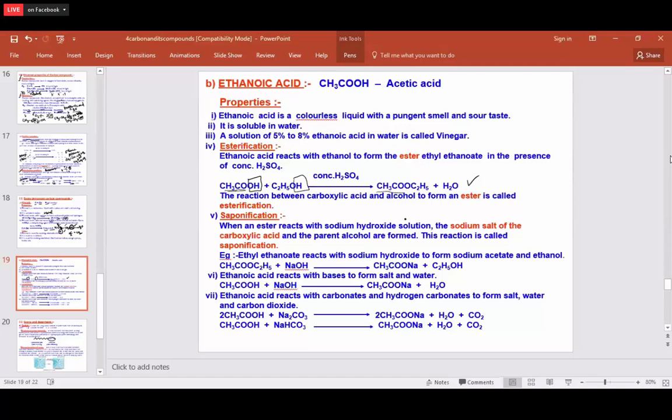In organic chemistry, where the bond is breaking, there only we have to form the new bond. In this case, the bond is breaking here and here. So we should not write CH3CO, C2H5O. That is the wrong way.